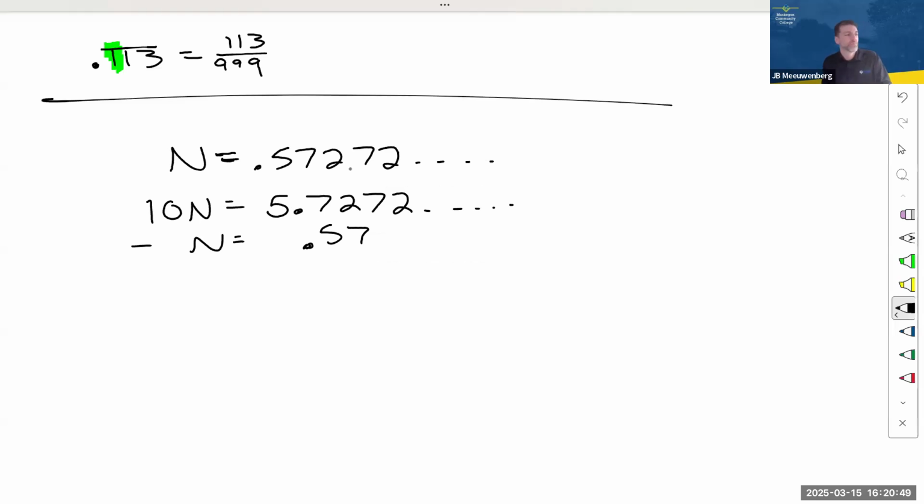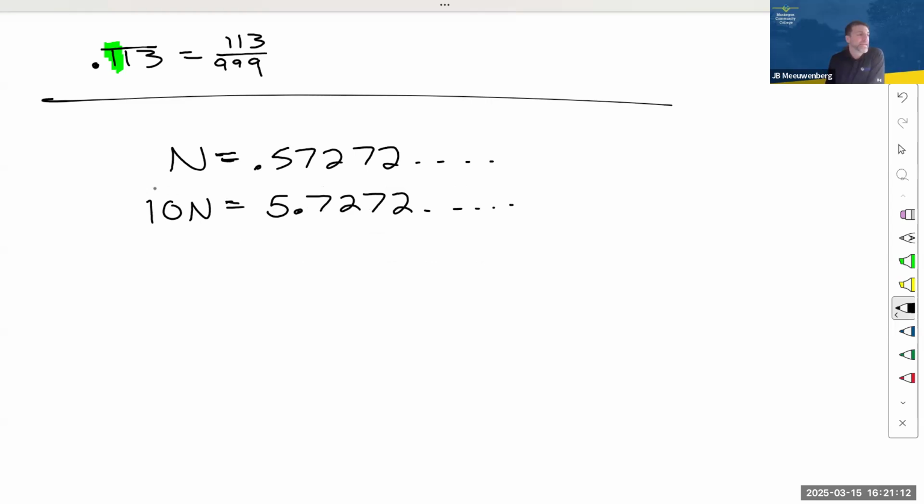I'm going to undo the things I just wrote. So we now have 10n is equal to 5.7272, etc. I've now got all of my repeating stuff at least in the decimal zone, right? The 5 that didn't repeat is out front, in front of the decimal.